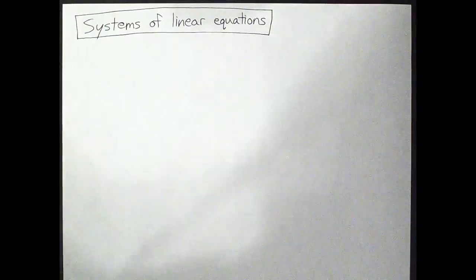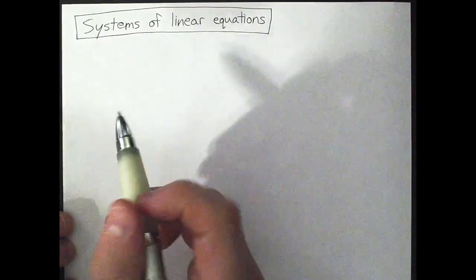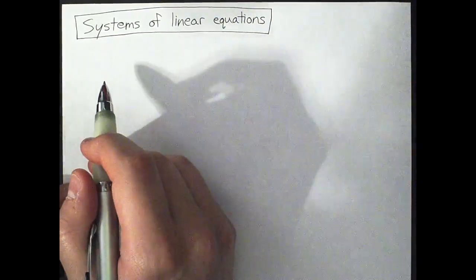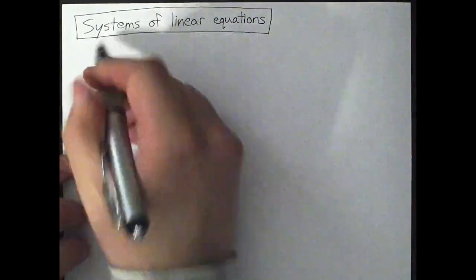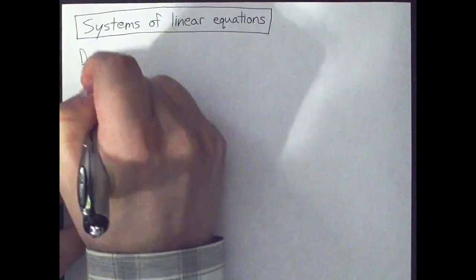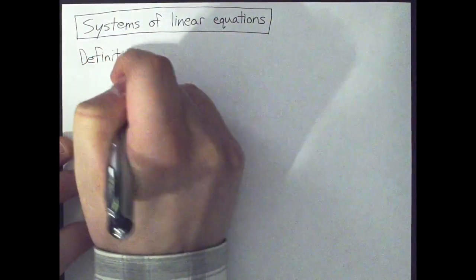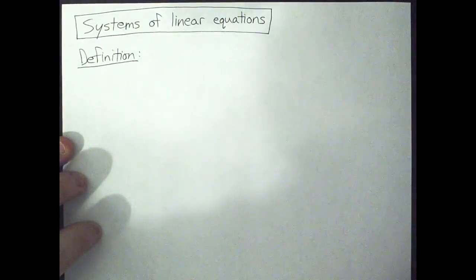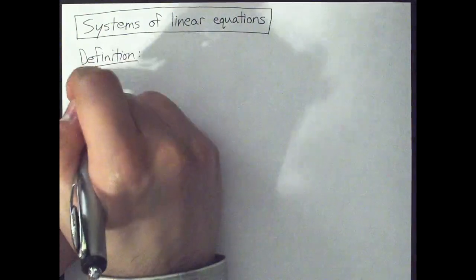So, systems of linear equations are basically a perfect place for us to start this course because we're going to be talking about them the entire semester. Let's start off with a definition. But it's not going to be a definition of linear systems yet. It's just going to be linear equations.